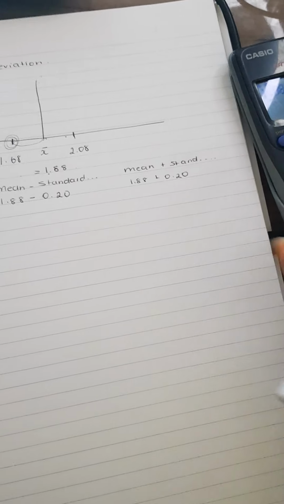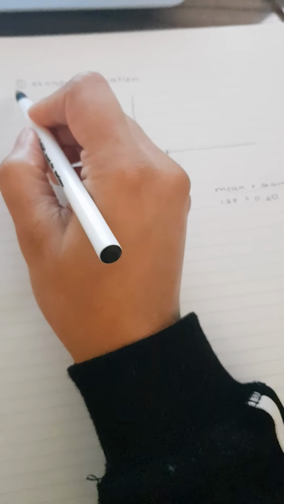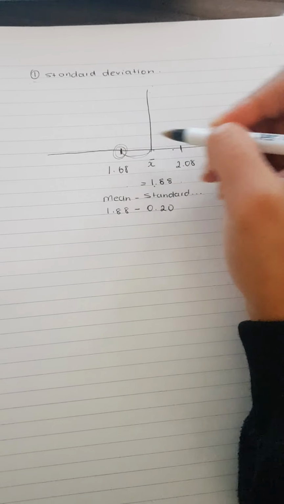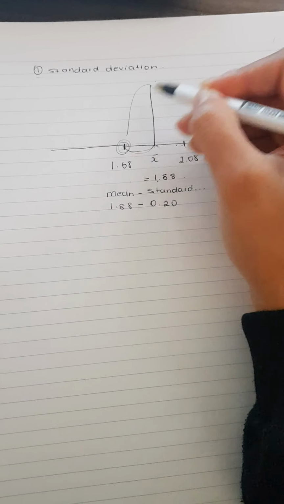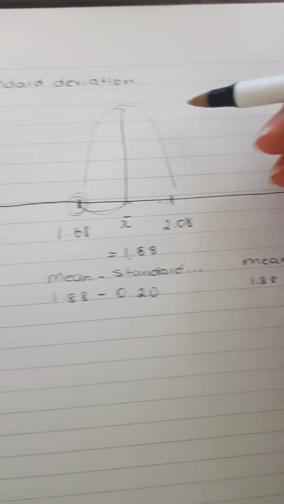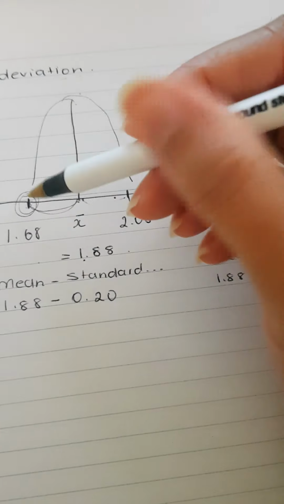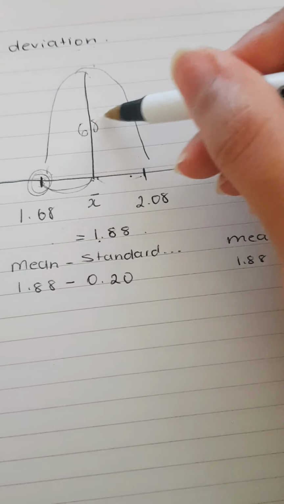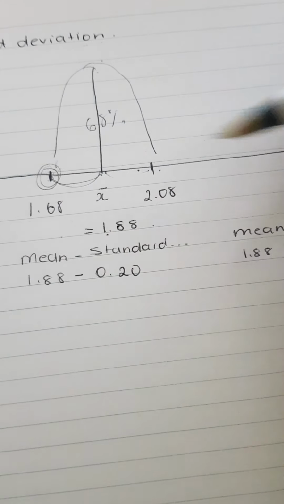So when you work out one standard deviation to the left and one to the right, the rule itself says it's 68%. So 68% of those plum bags sit between this and this weight range.